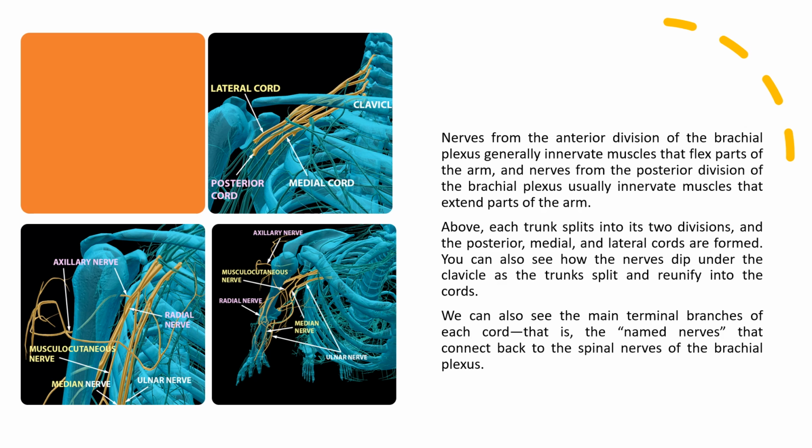You can also see how the nerves dip under the clavicle as the trunks split and unify into the cords. We can also see the main terminal branches of each cord, that is, the named nerves that connect back to the spinal nerves of the brachial plexus.